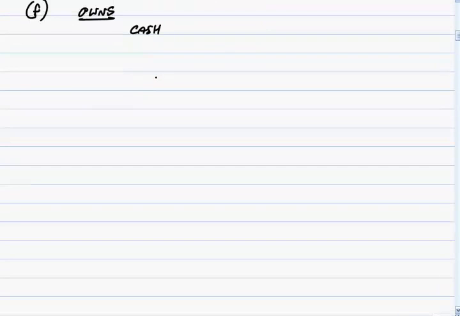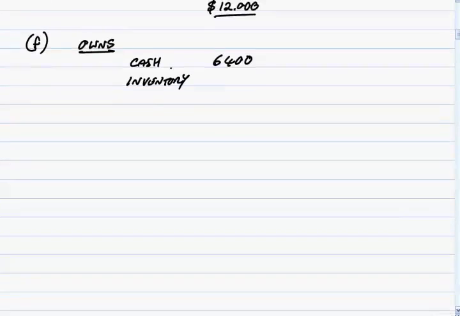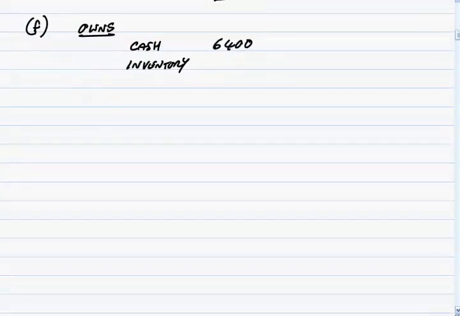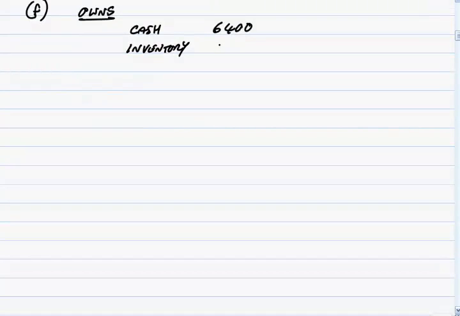We've sold goods for 2,400, so the cash goes up to 6,400. That's one effect. The second effect, of course, is the inventory falls. The inventory was how much? 3,000. If we sold half of it, we've only got half left. Half of 3,000 is 1,500.